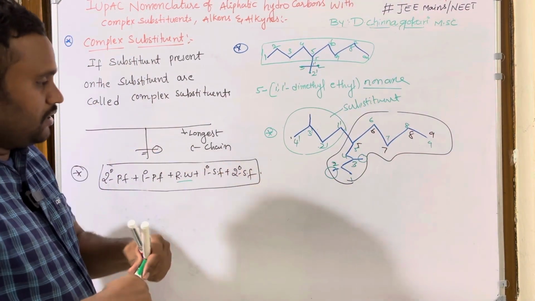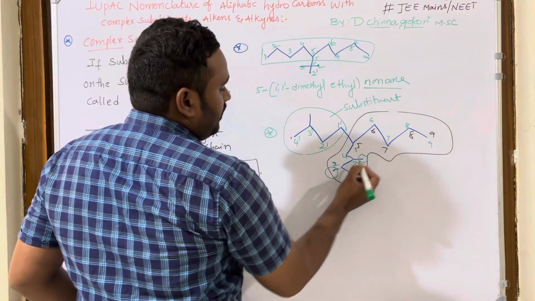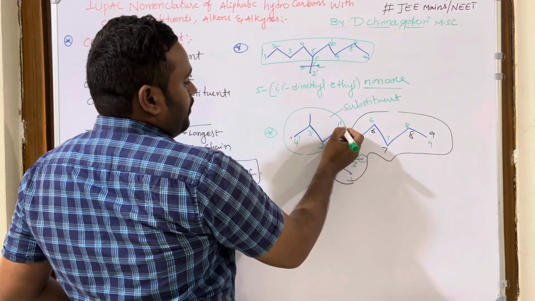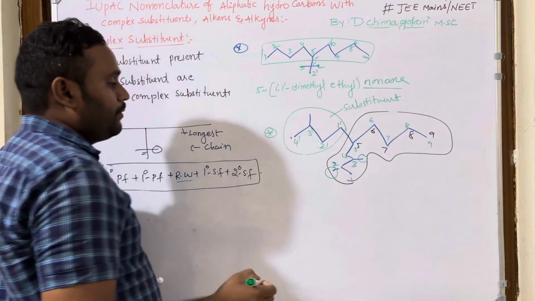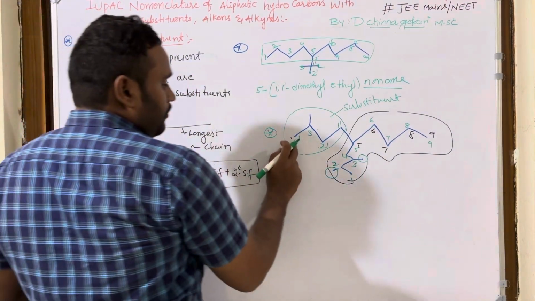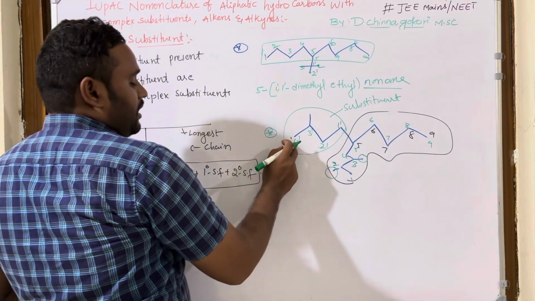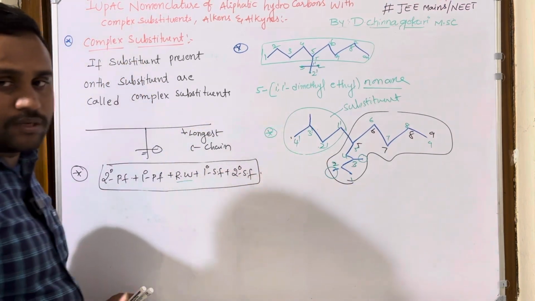So here this is methyl, this is also methyl, and this one, 1, 2, 3, 4, is butyl. That's why we write the name of this complex substituent.